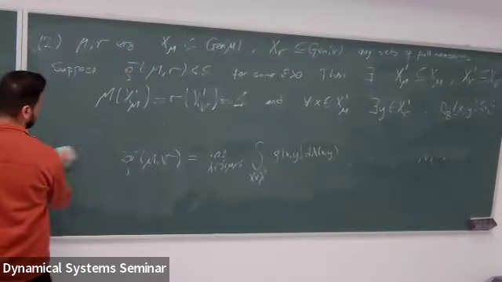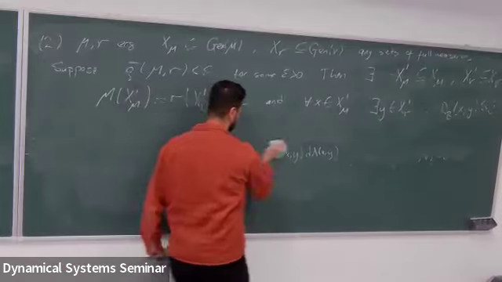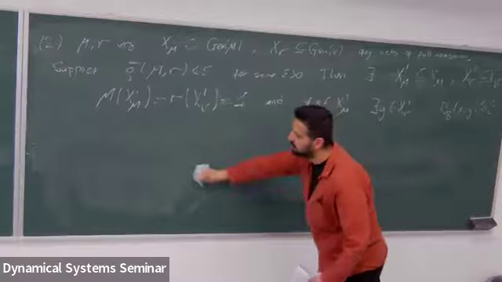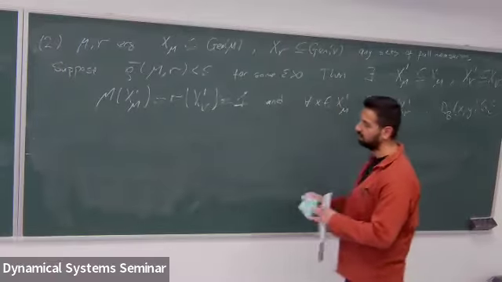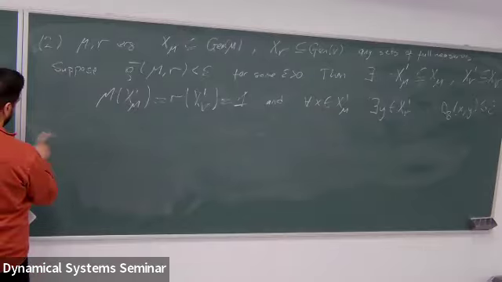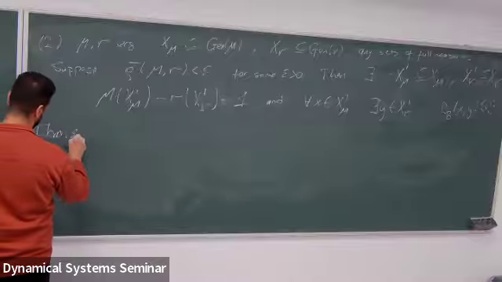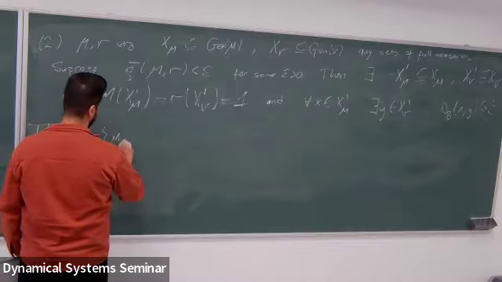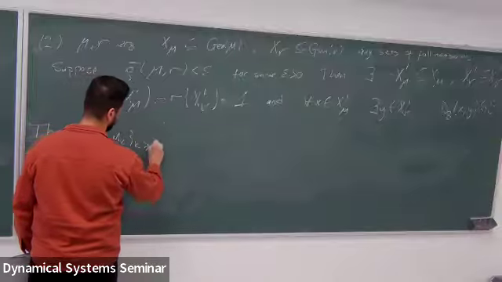Now, how do we use those results in the spectrum? Suppose that we have a sequence of ergodic measures.